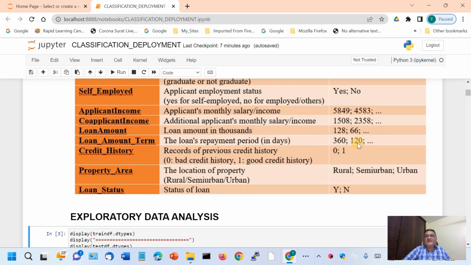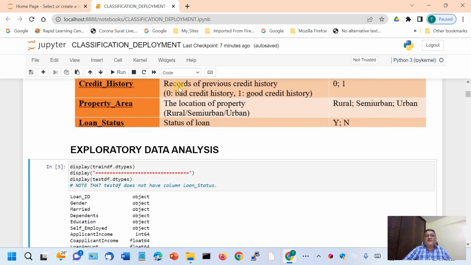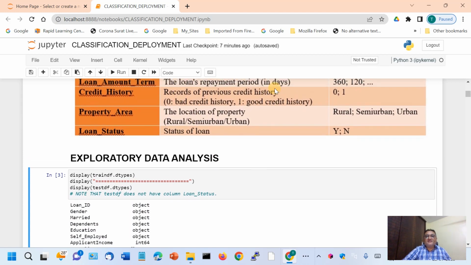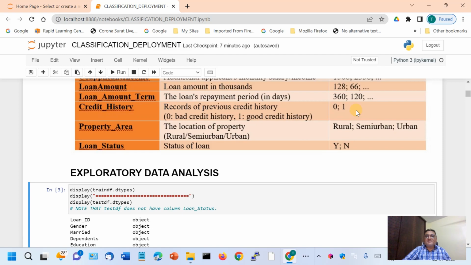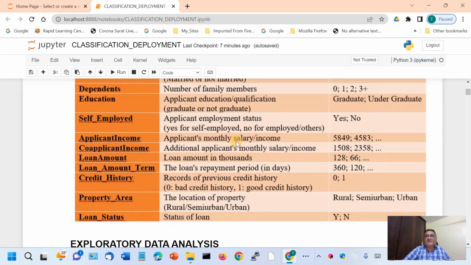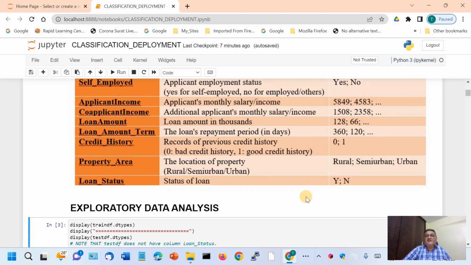So 10 years means 120 months, 30 years, that is 360 months, like that. Then record of previous credit history. There again, there are only two choices, 0 or 1. And the location of the property, three choices: rural, semi-urban or urban. Status of the loan, whether the loan will be granted based on the rest of the features, yes or no.